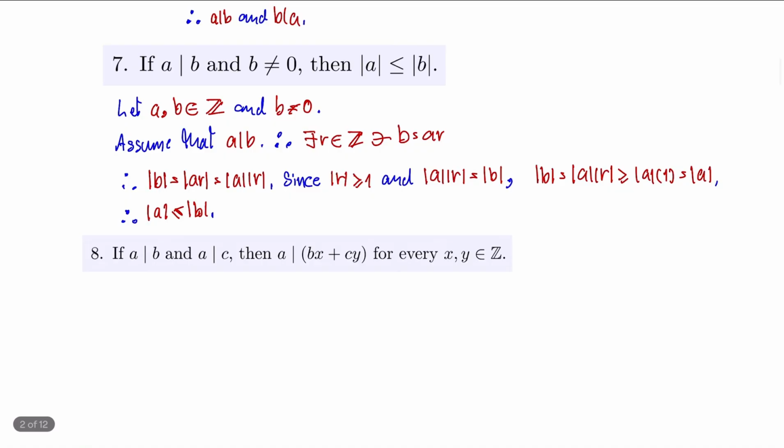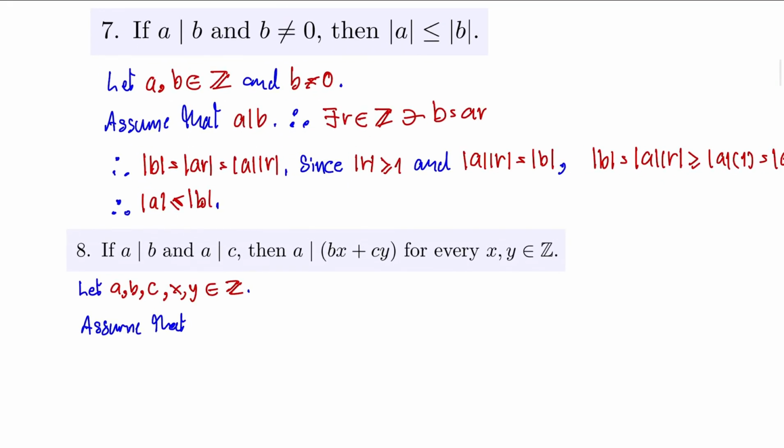So we gotta let A, B, and C, and X, Y be integers, and then assume that A divide B and A divide C. And we try to show that A divide bx plus cy, where x and y are any integers. Okay, so let's try to write this.